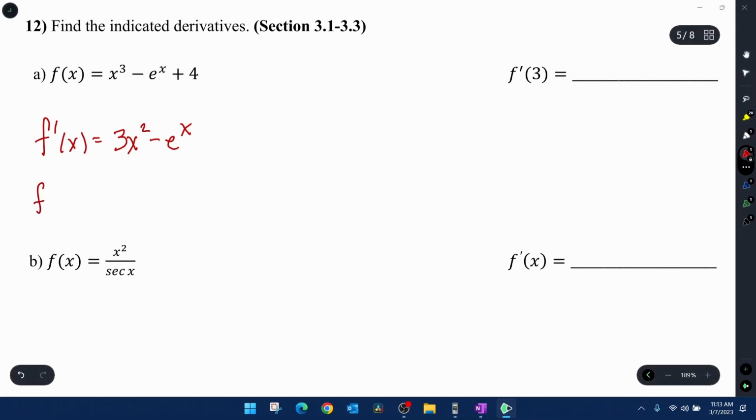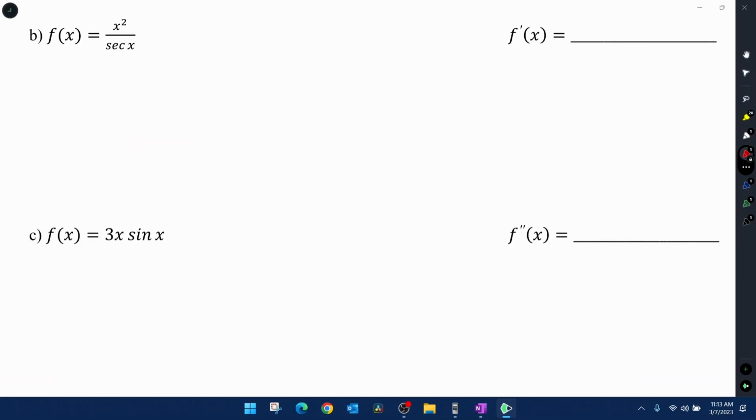And so that is the derivative. And now we can evaluate at 3. 3 times 3 squared minus e to the 3 would be 27 minus e cubed.